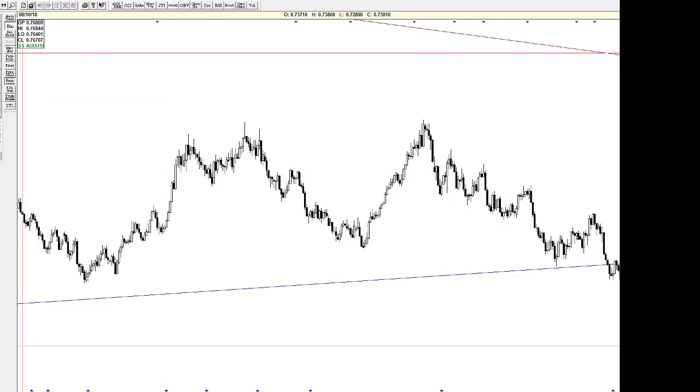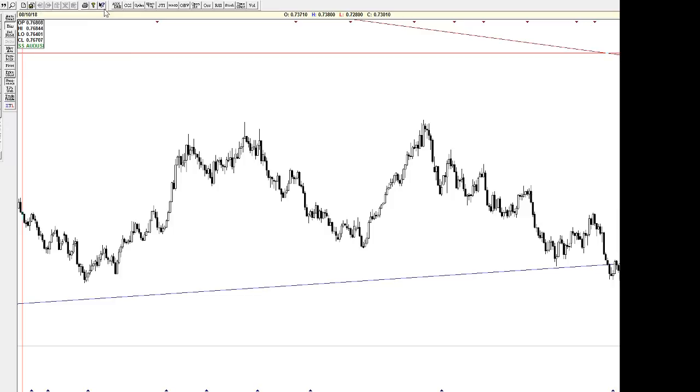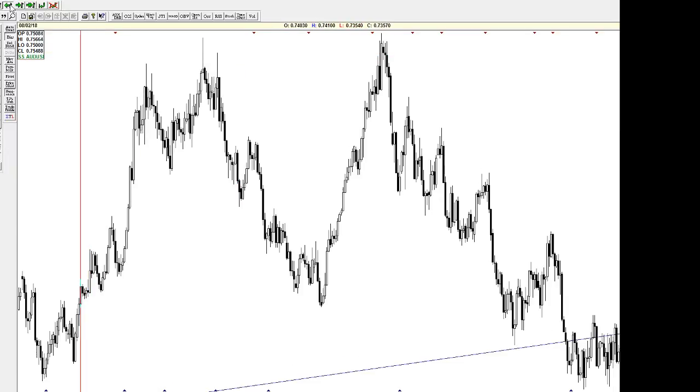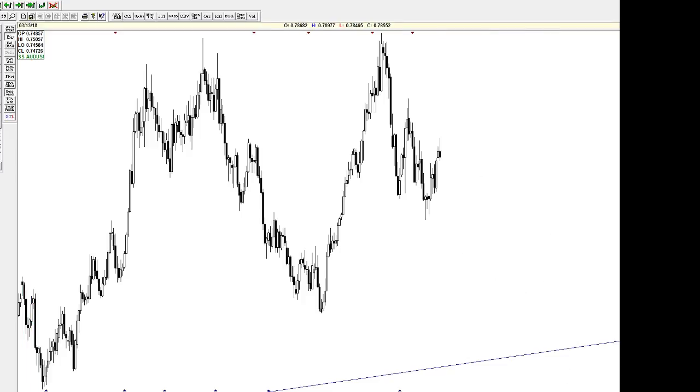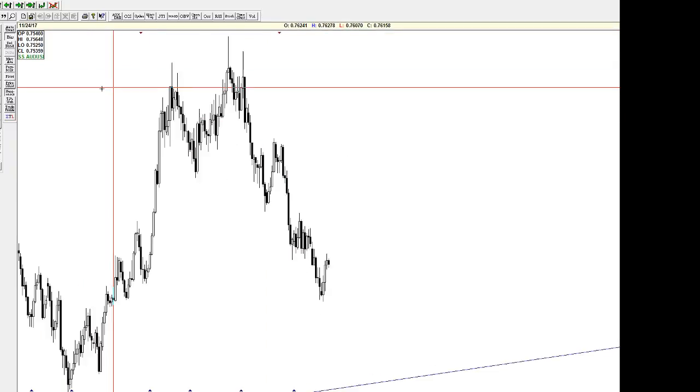If you have the option on your trading platform, you could do this also. Training mode. So in training mode, we're going to get all these bars out. We're going to backtest the Aussie on some indicators.